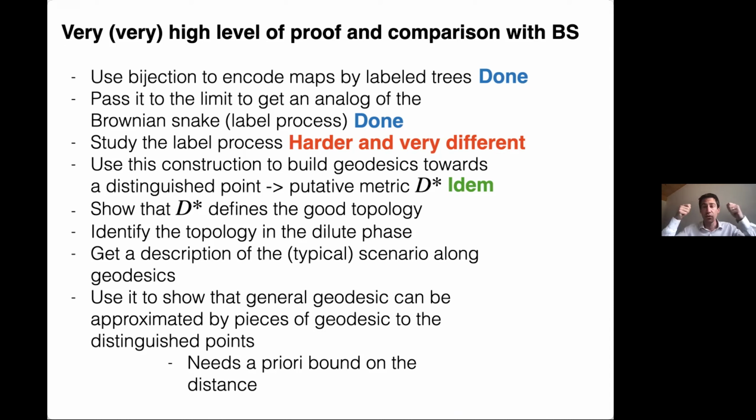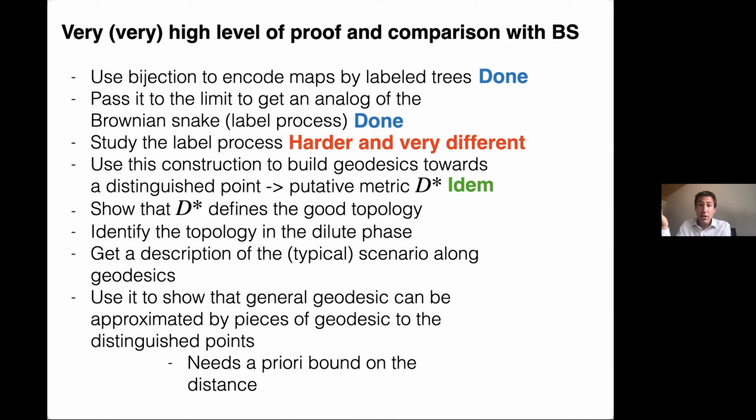But if you want a geodesic between two points which are not the distinguished point, then you need to go back and forth between those geodesics to the root, and this creates paths for you, but you are not sure that there are no paths much shorter than those. So you create a putative metric D star.